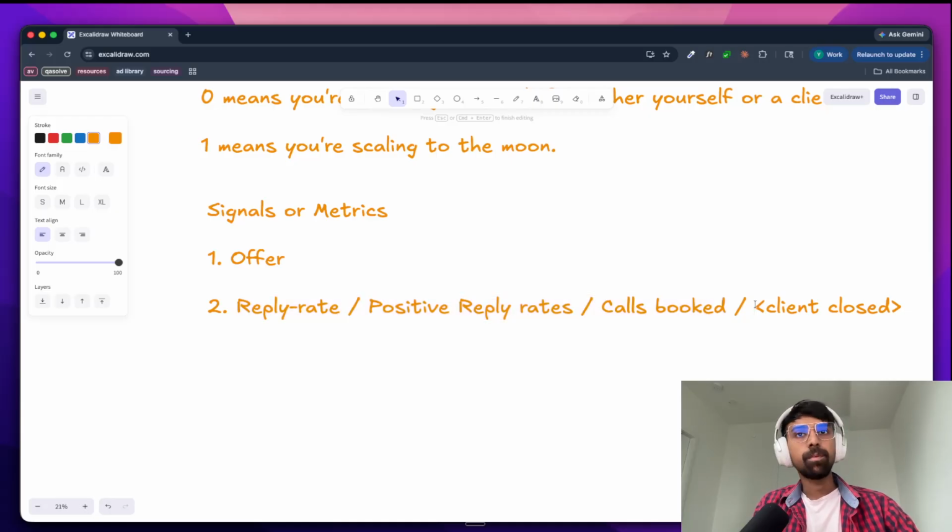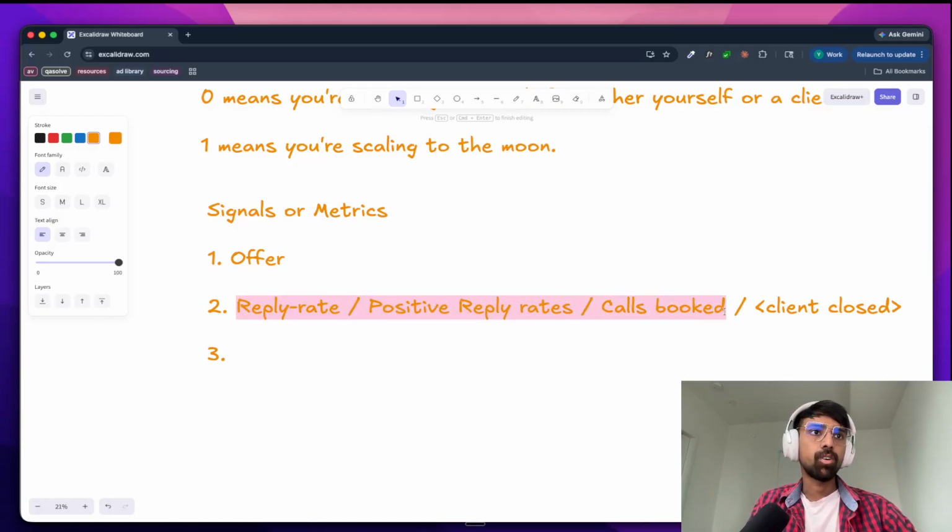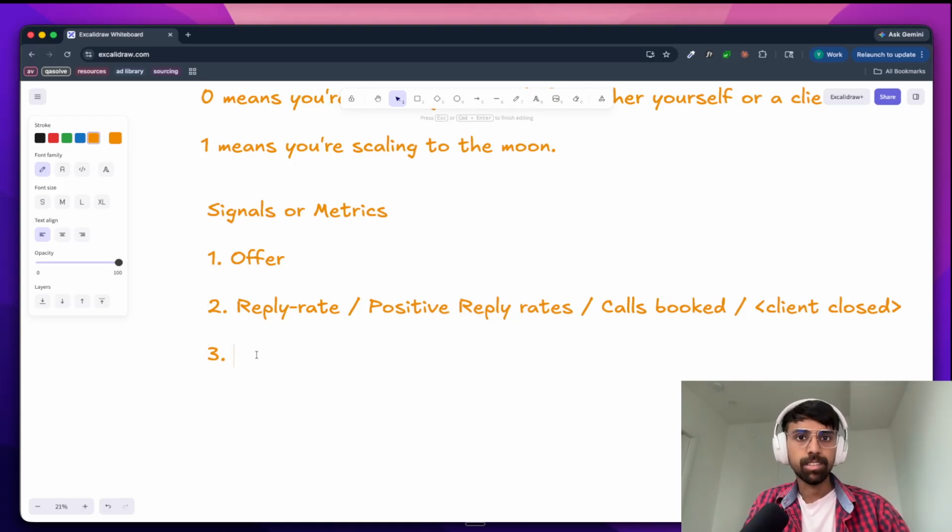If you're operating on a large enough time frame, for example, 4 to 8 weeks, so about 30 to 60 days, then you can also look at client close. But if you're operating on, for example, a 2 to 3 week campaign test, then we only look at reply rates, positive reply rates, and calls booked, because in B2B, the sales cycles can be, I don't know, anywhere from 5 days to 6 months, right?